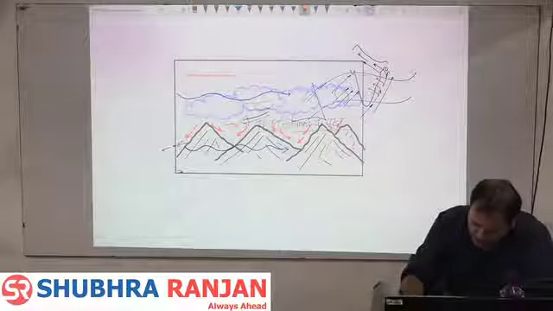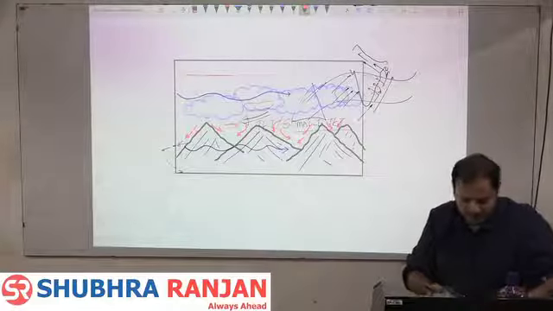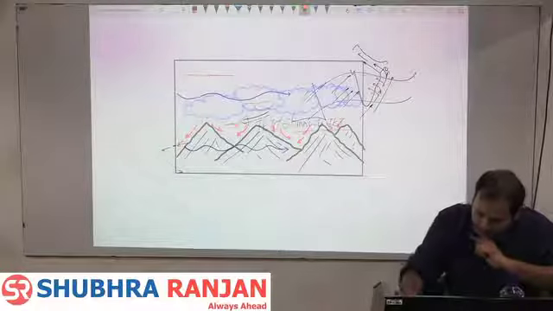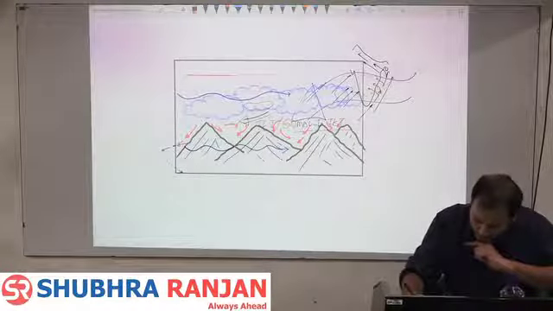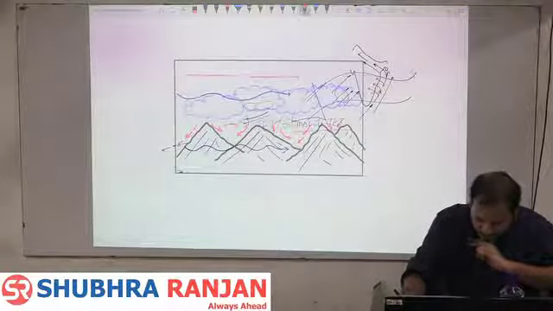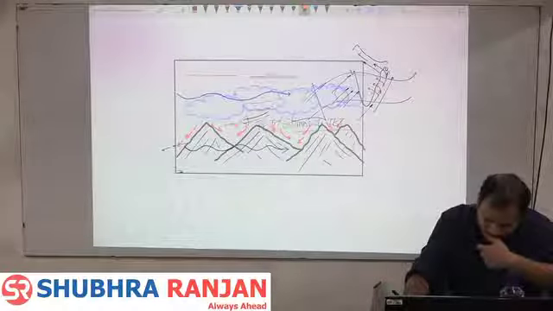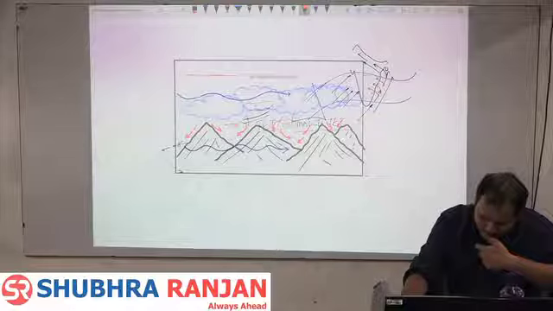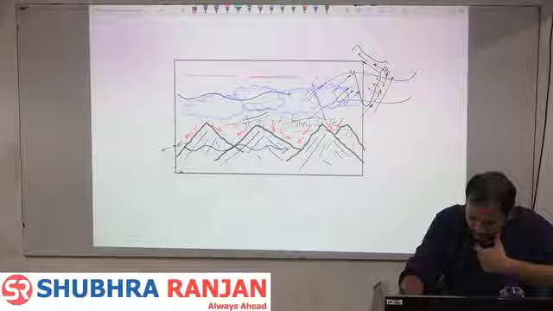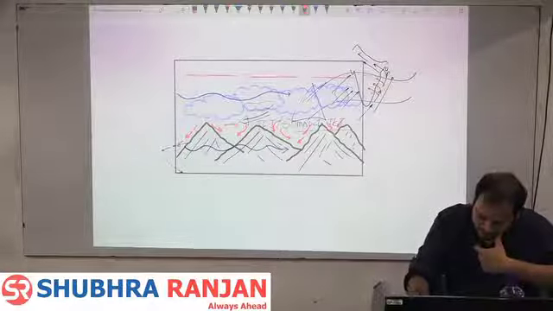And it becomes so significant that the Coriolis force starts acting opposite to the pressure gradient force, and these forces start balancing each other.